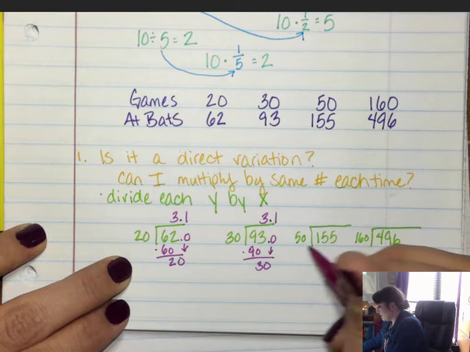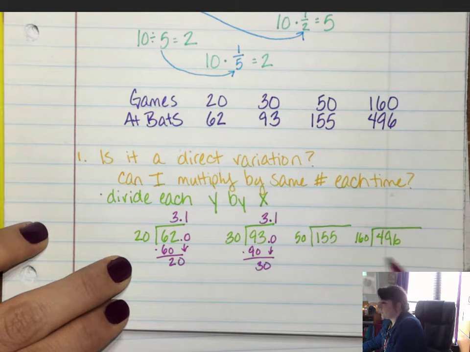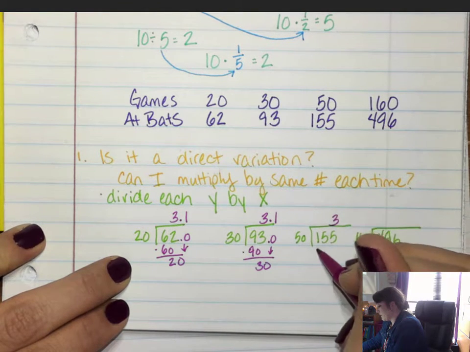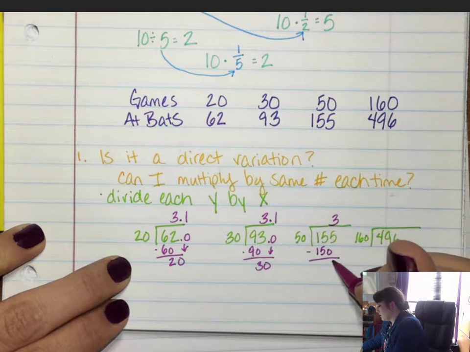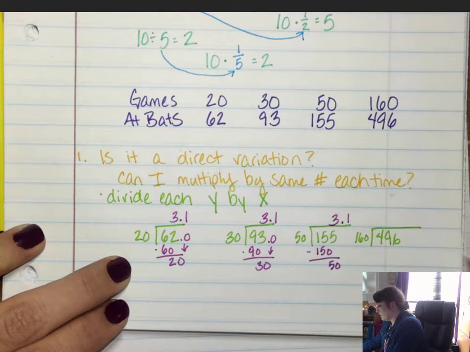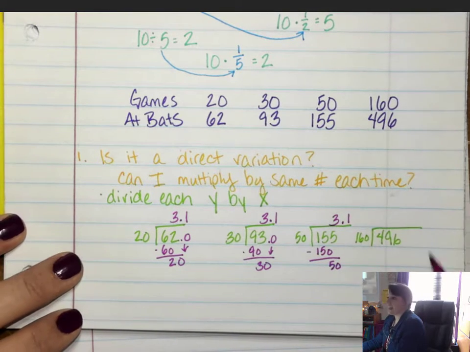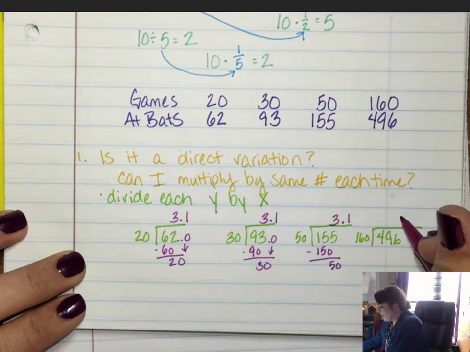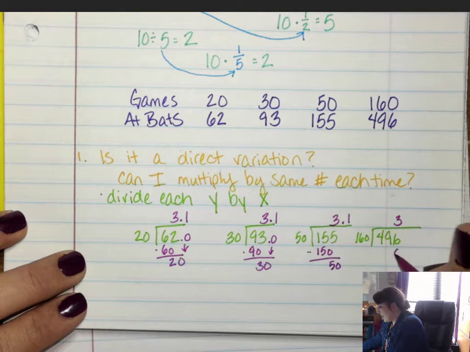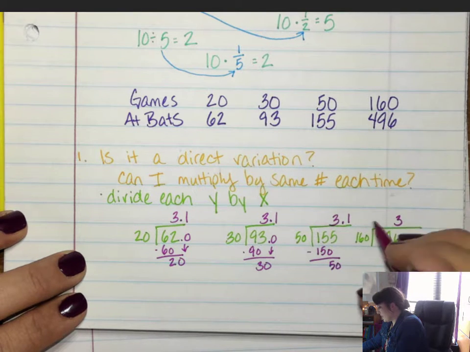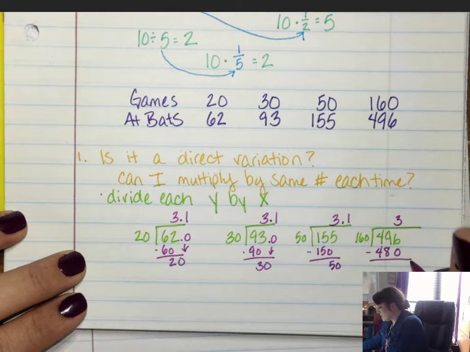Anybody seeing a pattern yet? How many times can 50 go into 155? 3, and it comes out to 150, then you have 3.1. 160 into 496. Any guesses? 3.1. I would check it, like even now I'm still going to work it out. It's 480, subtract, that's 16, and 160 is my leftovers.